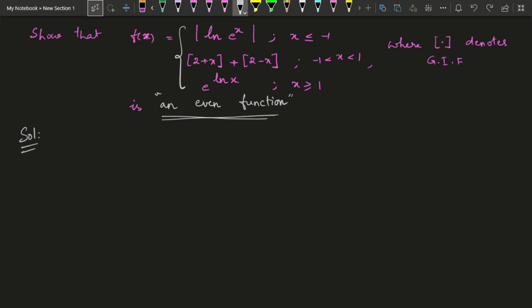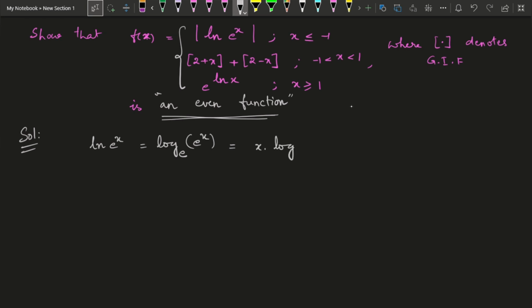In order to do that, I'm going to simplify first of all ln of e power x. Here ln of e power x is nothing but a natural logarithm. So for natural logarithms, the base is to be taken as e. So log of e power x to the base e. It is of the form log of a power m, which is nothing but m into log a.